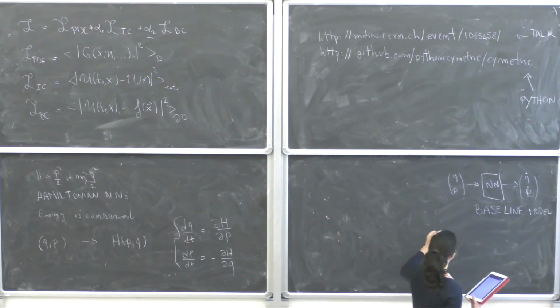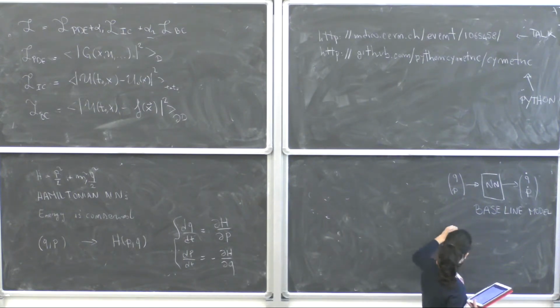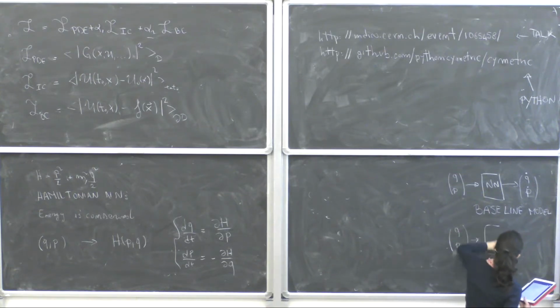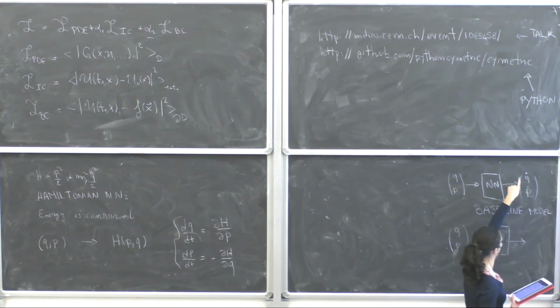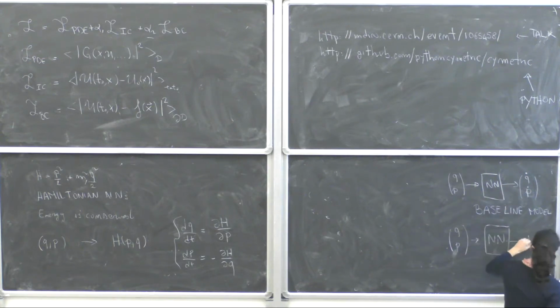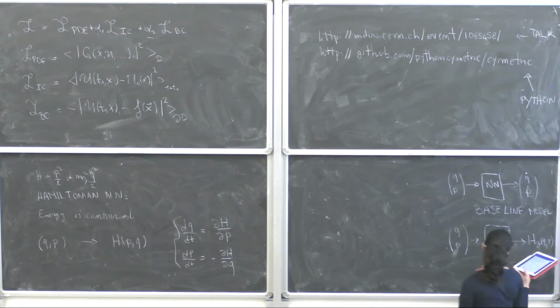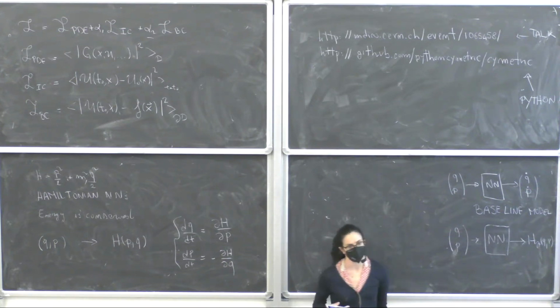But in principle, we can do something better, given our physical knowledge of the system. Therefore, we can create a network that, instead of giving as output Q dot and P dot, gives us an approximation, of course. I put a theta here in the sense that it gives as output a proxy of our Hamiltonian.